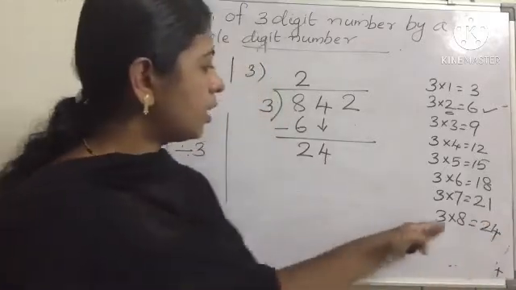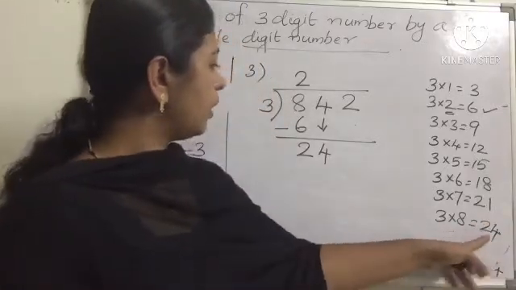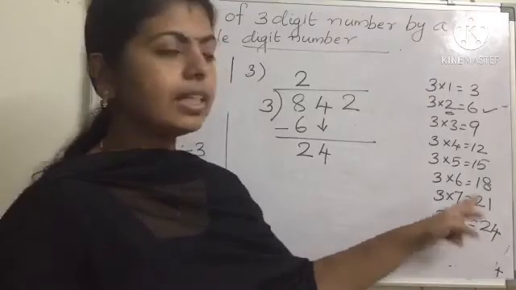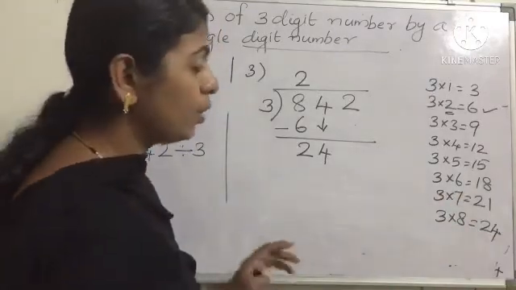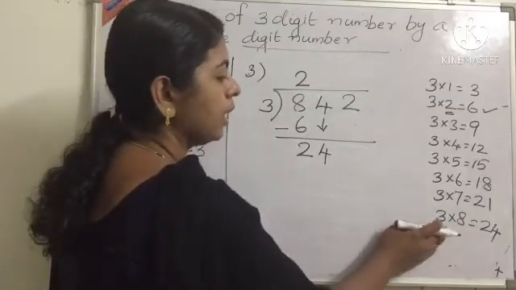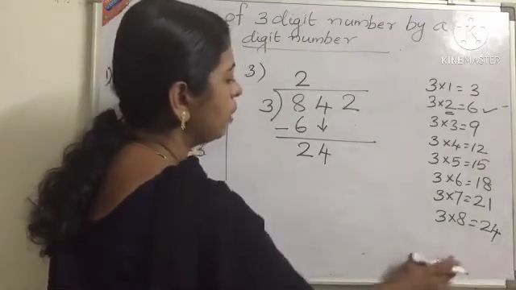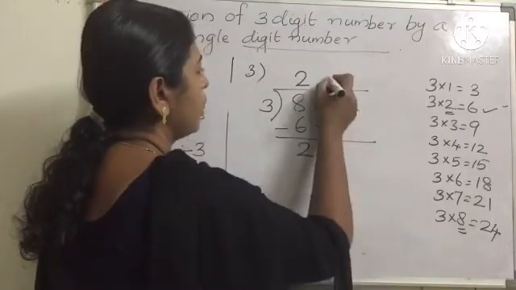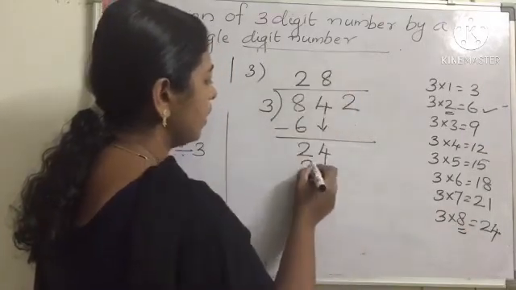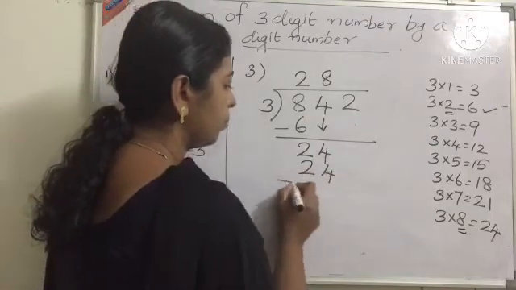In the table of 3, 24 is there. 3 into 8 is 24. Then how many times 3 in 24? 8 times. Here 8 times it's 24.